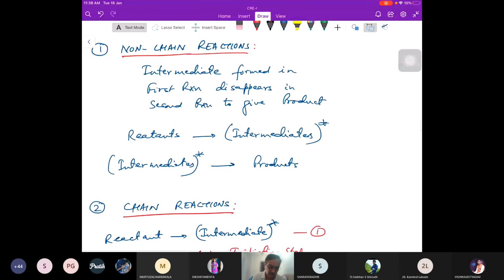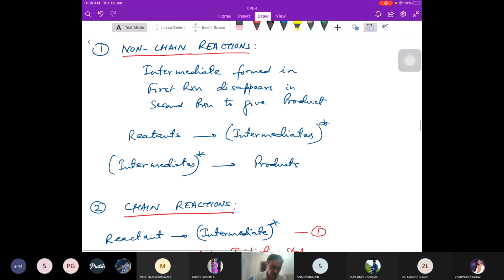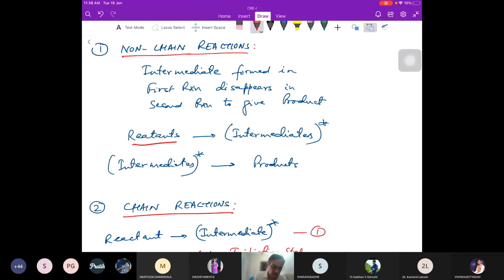So we can write this as reactants. It could be A plus B, it could be 2A, it could be A plus A, whatever, doesn't matter. These reactants will give an intermediate, which we represent with a star to say it's an intermediate. We are just writing a general reaction, and this intermediate will decompose to give the product.